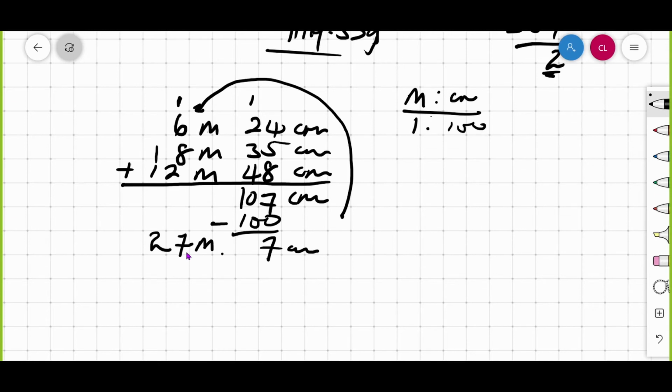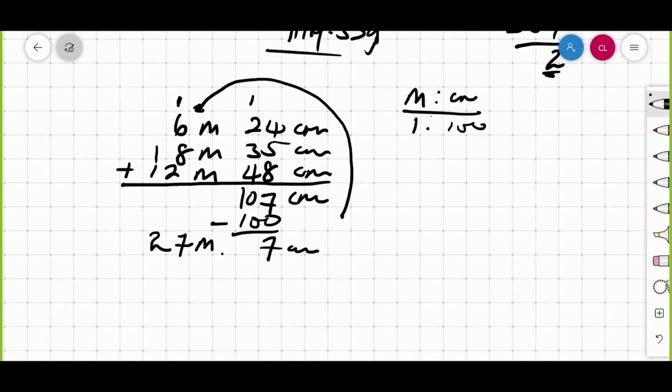The first attempt that the child made, they threw a total distance of 6 meters and 24 centimeters. Second attempt, they threw 8 meters and 35 centimeters. Last attempt, 12 meters, 48 centimeters. When I add all of this centimeter side, I get a total of 107 centimeters.